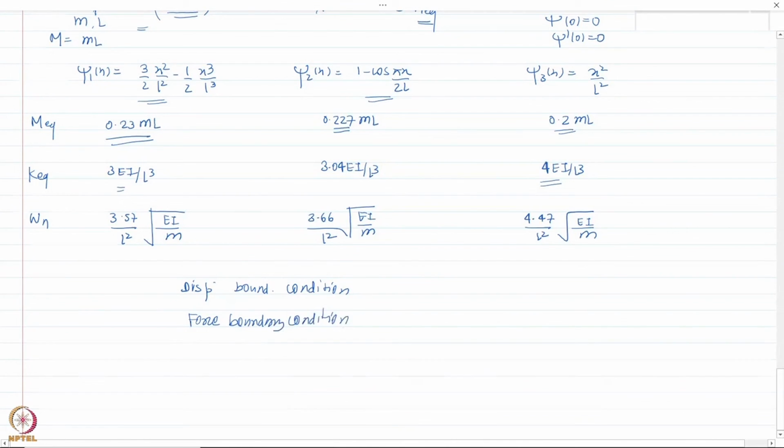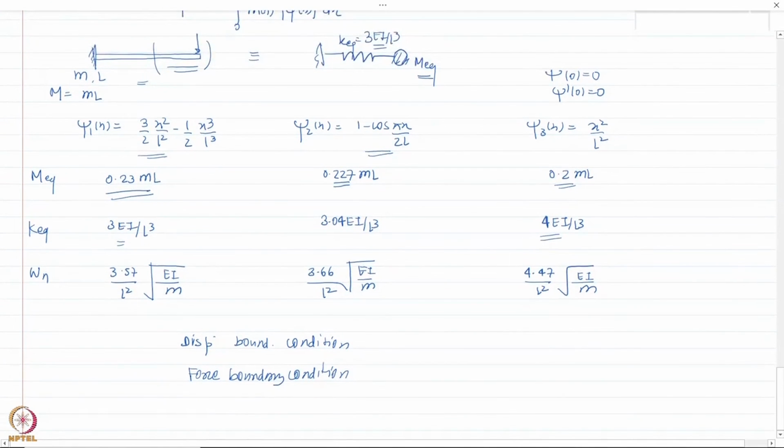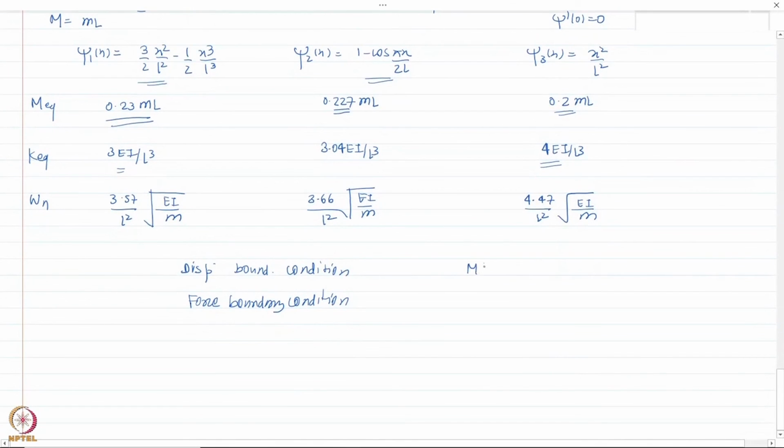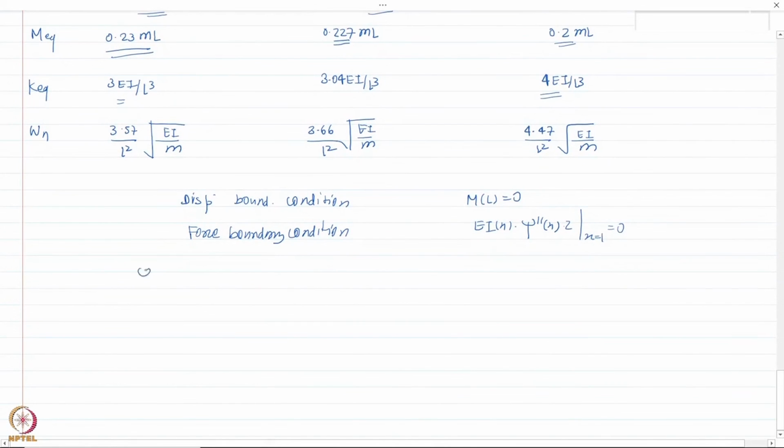Now, the force boundary condition here is that for a cantilever beam at the free end, the moment should be equal to 0. So the moment at length L should be equal to 0, which means this expression EI(x) times phi double dash (x) times Z at x equal to L should be equal to 0. Now, if I look at it, phi 1 double dash at L is actually equal to 0, phi 2 double dash is also equal to 0.